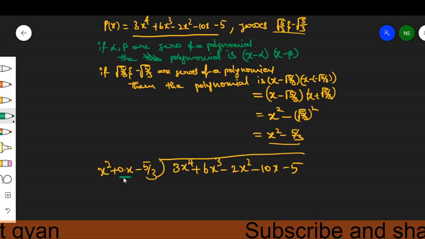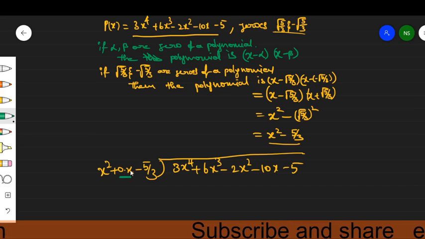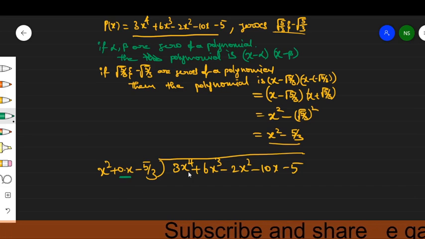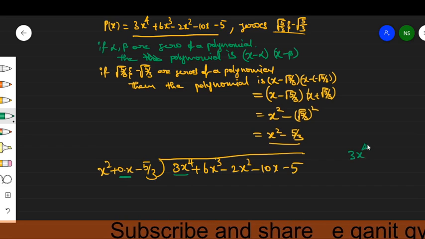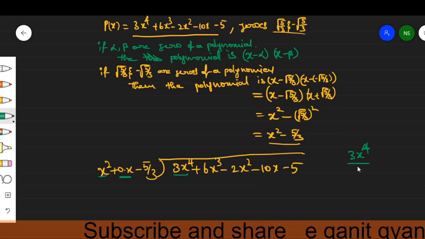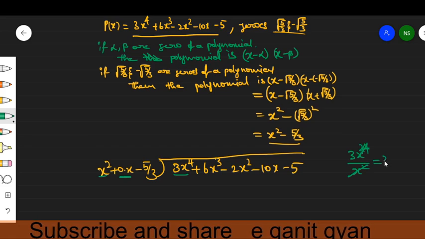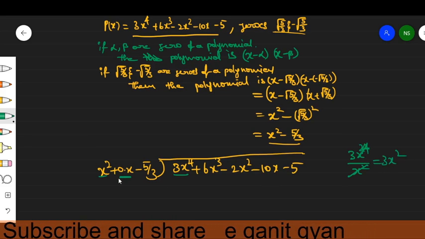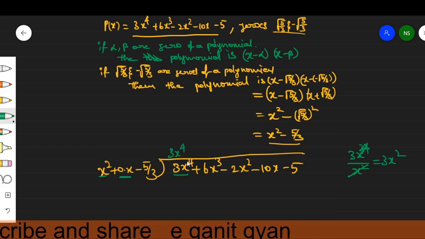Here I am not having an x term in the divisor, so I took an additional 0x. Then take the first term, 3x⁴, divided by the first term, x². If we cancel these, we will get 3x². Then 3x² into x² is 3x⁴.